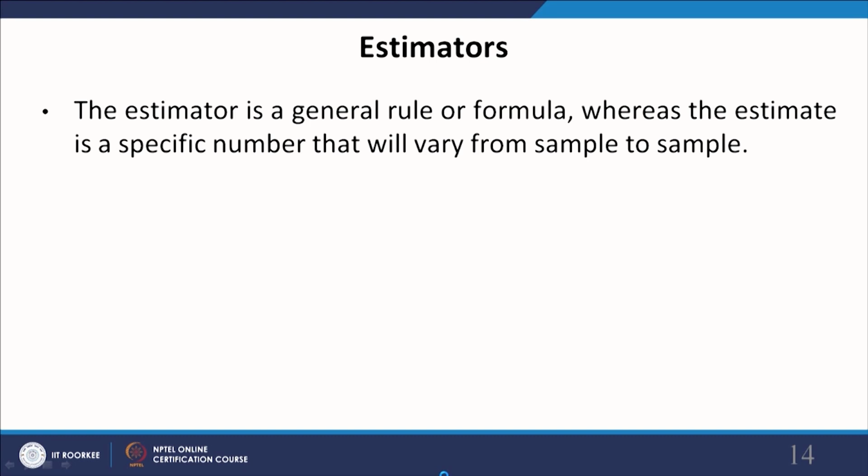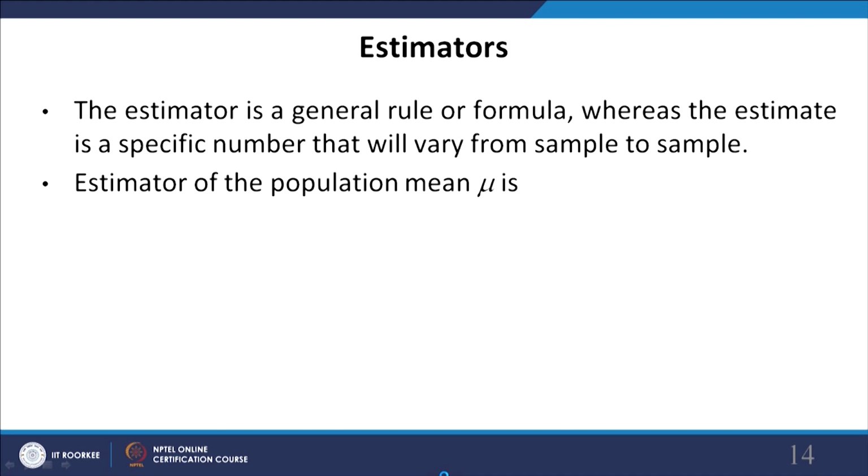The estimator is a general rule or formula, whereas the estimate is a specific number that will vary from sample to sample. The estimator of the population mean mu is obtained from the sample.